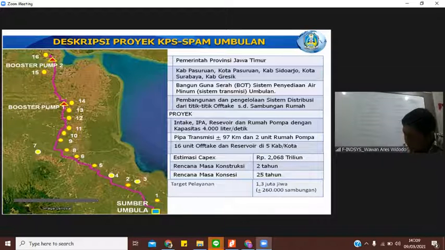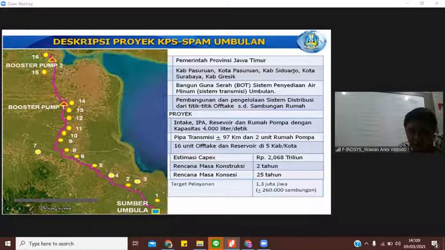If you ever drank water from Santri, I think it's the brand of the water, like Aqua or some other brand. Air minum Santri. The source is Umbulan, here in Kabupaten Pasuruan.